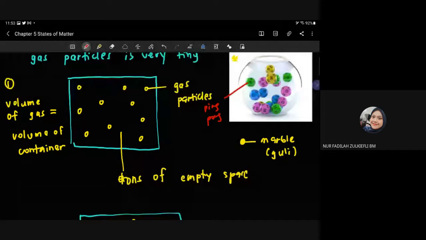Okay, so sekarang ni awak ambil bowl ni, awak kocak dia dengan sangat vigorous, dengan sangat kuat. Apa yang berlaku pada bola pingpong tu? Dia bergerak macam mana? Dia bergerak random dan dia kuat tak? Laju kan dia bergerak. Awak angkat with all the energy that you have, awak angkat bowl tu, awak shake.